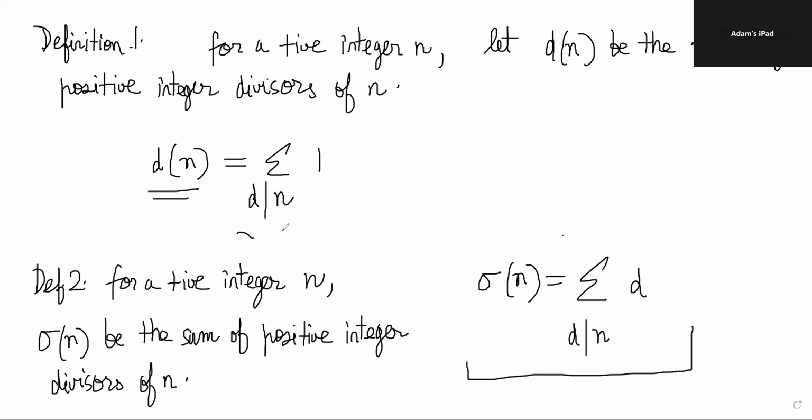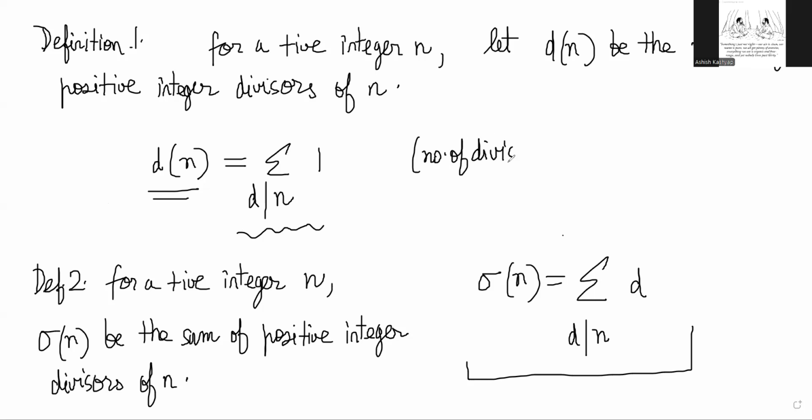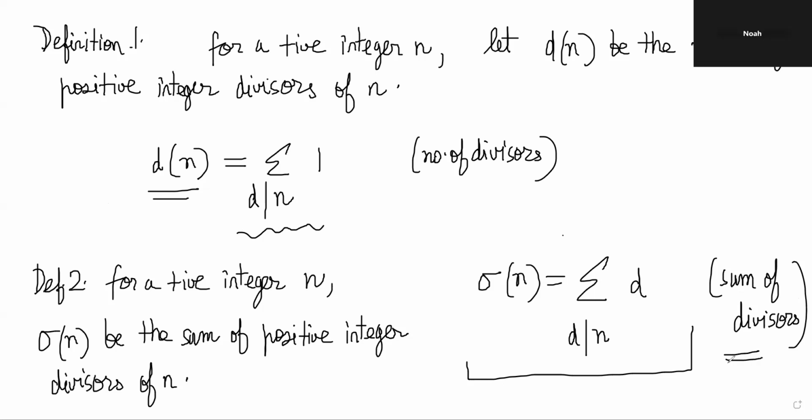This was just giving us the number of divisors, and this gives us the sum of divisors. I hope it is clear what is happening.